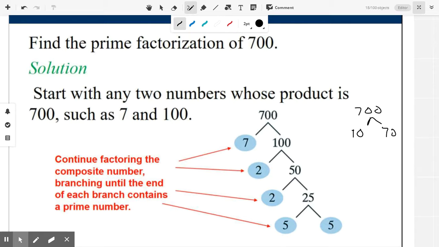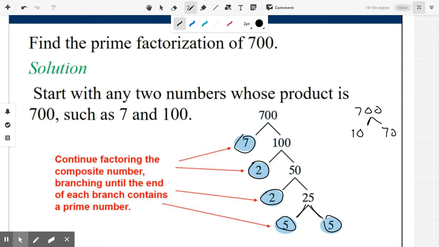All right. Notice once they got to a prime number at the end of a branch, they circled it there. 100 is not prime. It can be broken down to, say, 2 times 50. 2 is prime. 50 is not. 50 will break down to 2 times 25. And then 25 will break down to 5 times 5.